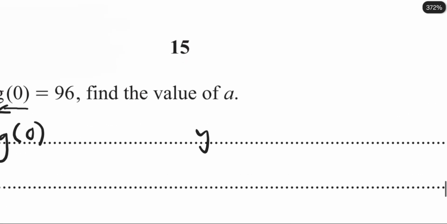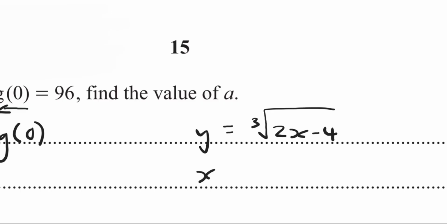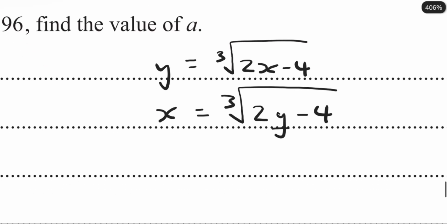If the inverse is equal to the cube root of 2x minus 4, we're going to place x where there is y and y where there is x. Then we try to make y the subject to get g of x. So this will be y. Now we're making y the subject, so cube both sides.